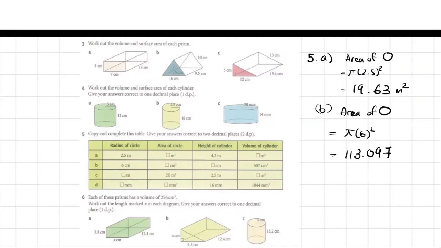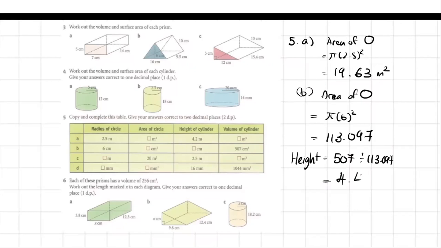And then the height of the cylinder is equal to 507 divided by 113.097, which is 4.482.